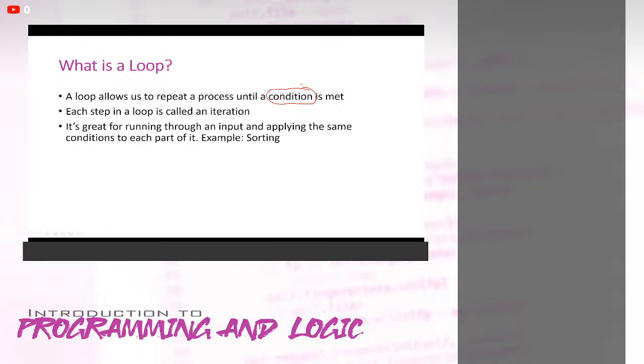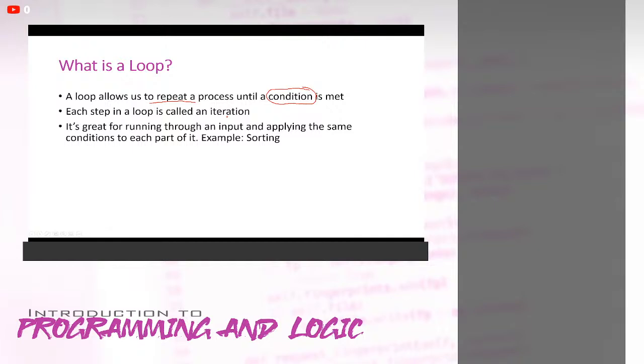So in this case, we're still working with a condition. The only difference is that we're not just running it one time, like we would with an if statement. We're running it on repeat. Essentially, with an if statement, we're saying if this condition is true, do this.